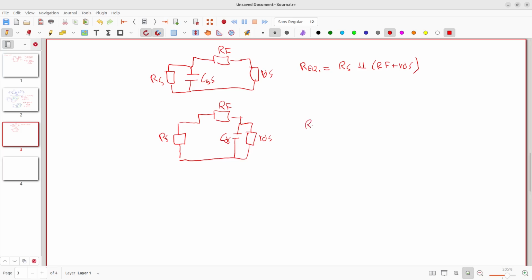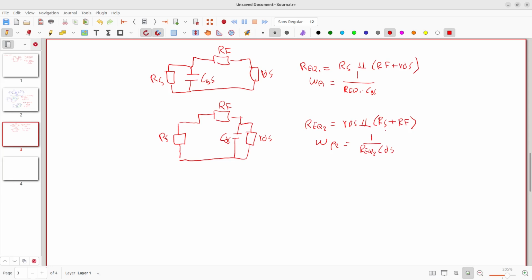So the equivalent resistance for pole 2 will be RDS in parallel to RS plus RF, and then we can calculate the position of pole number 1 equal to 1 divided by R1 times CGS, and pole 2 equal to 1 divided by R2 times CDS.